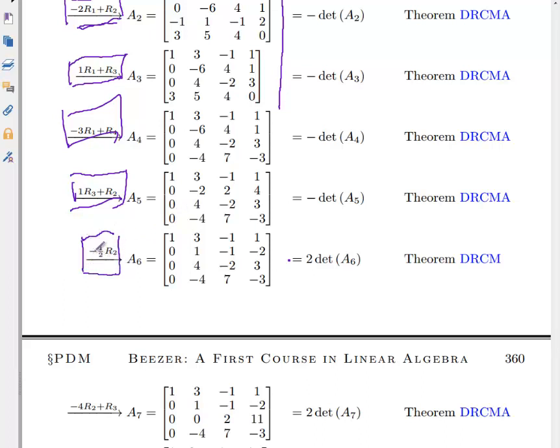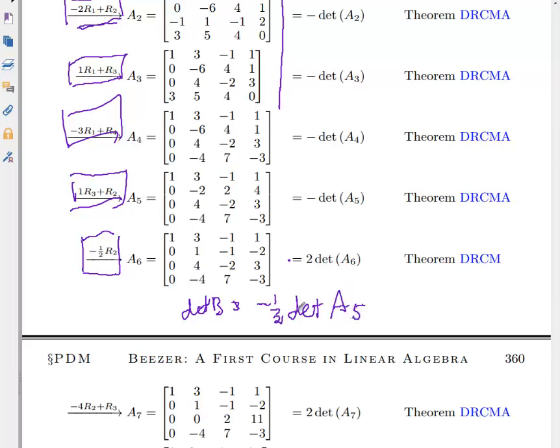What this says is that when you do this row operation, the determinant of this matrix, let me call this B, is equal to minus 1/2 times the determinant of the previous matrix.